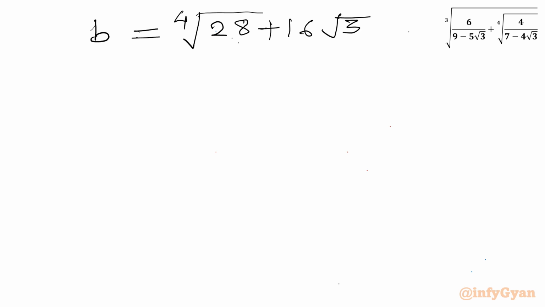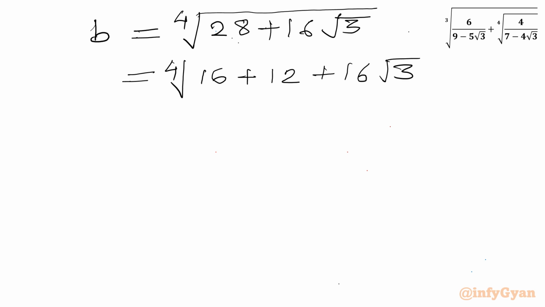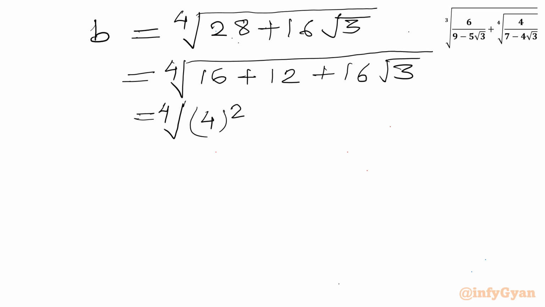Let us find out the fourth root. So I will write fourth root of 28 plus 16 square root 3. Let us split 28 as 16 plus 12, and then we'll be writing 16 root 3. Now can we write 16 as 4 square and 12 as 2 root 3 whole square? Let us write 16 as 4 square, 12 as 2 root 3 whole square.